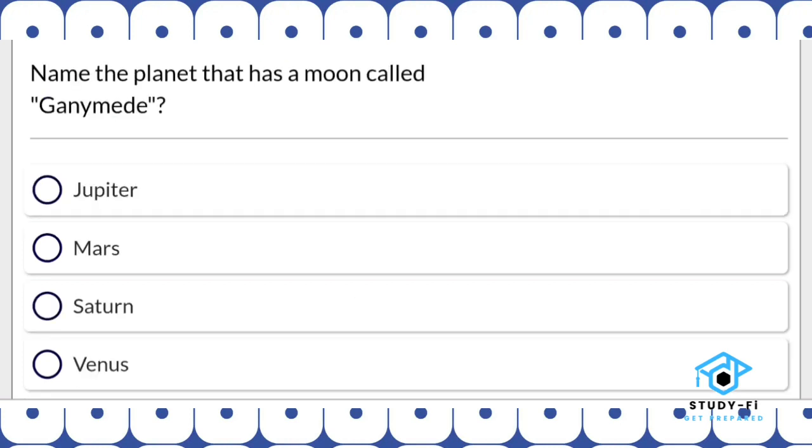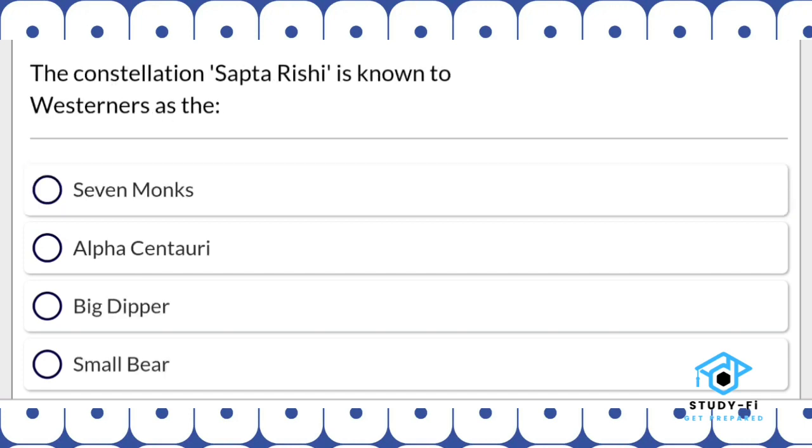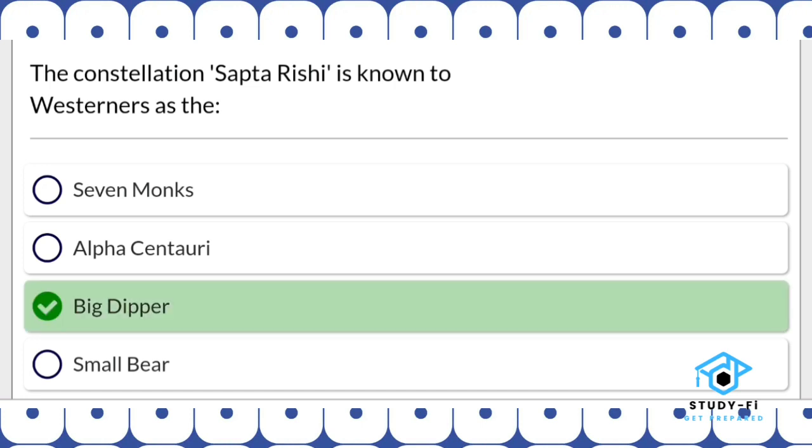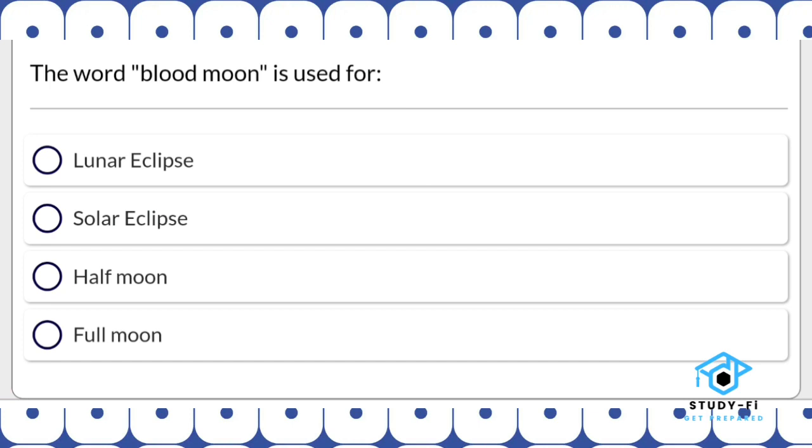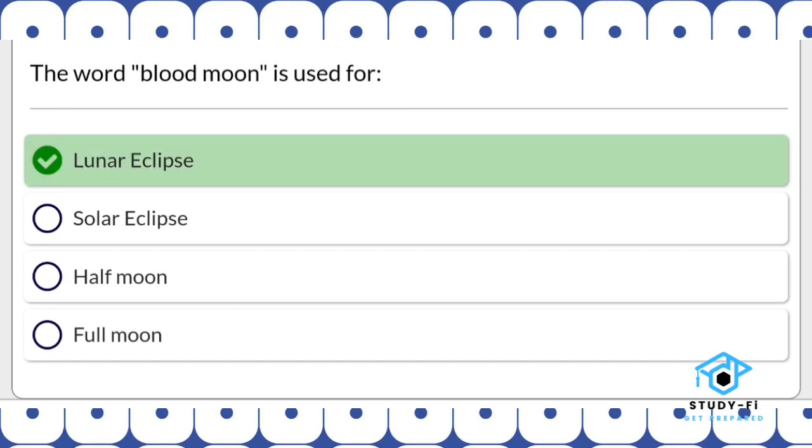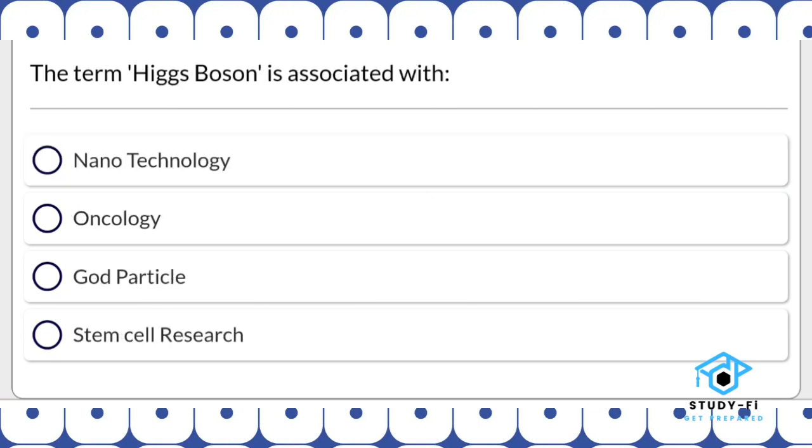Name the planet that has a moon called Ganymede. Jupiter. The constellation Saptarishi is known to Westerners as the Big Dipper. The word blood moon is used for lunar eclipse. The last question, question number 100. The term Higgs boson is associated with God particle.